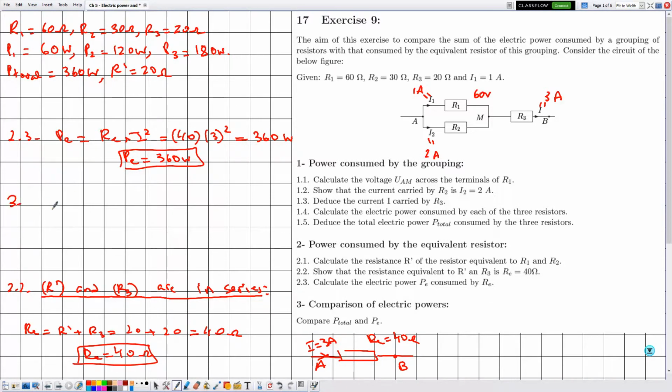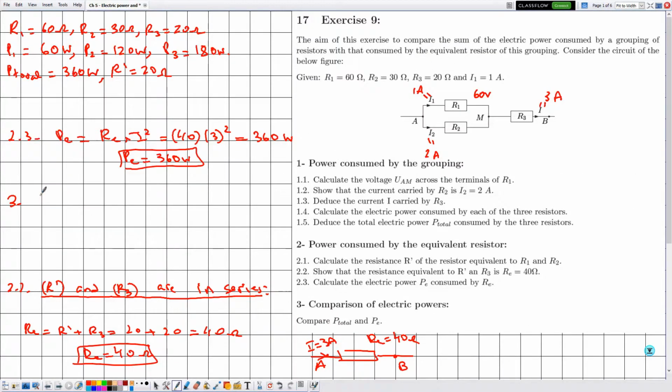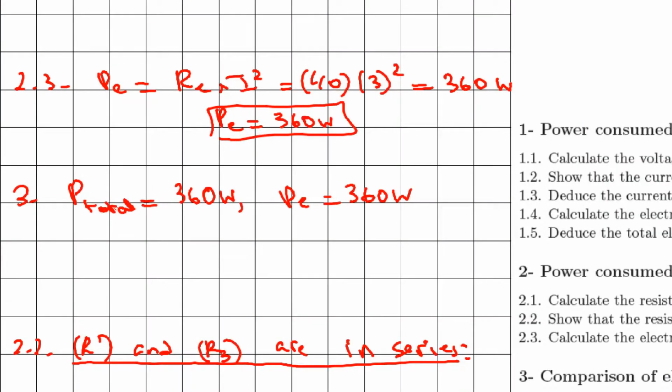Now finally, part 3, the comparison of electric powers. They are telling me to compare P total with PE. P total that we have calculated is 360 watts, and PE is 360 watts. By compare, we need to mention whether P total is greater than, less than, or equal to PE, making sure that both have the same unit.